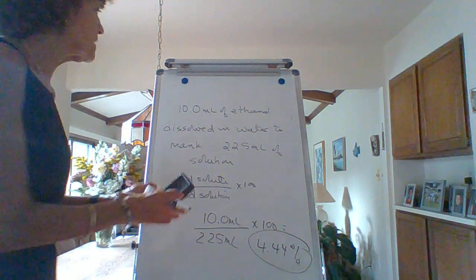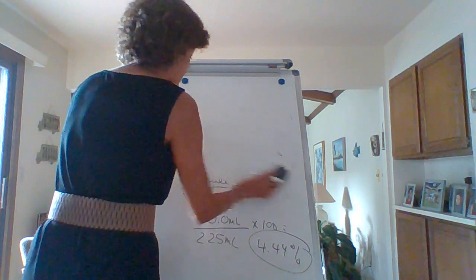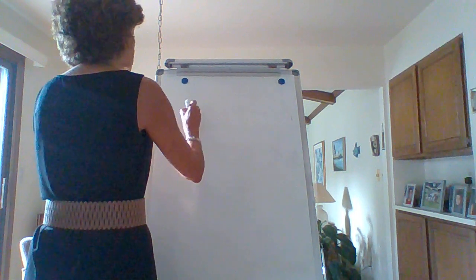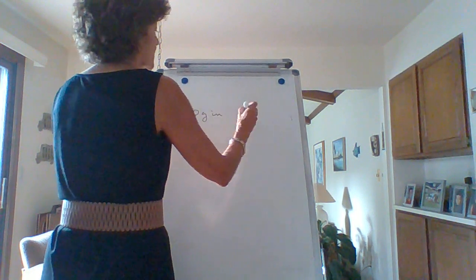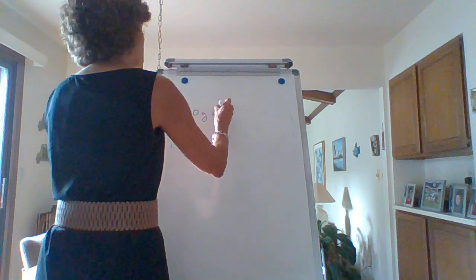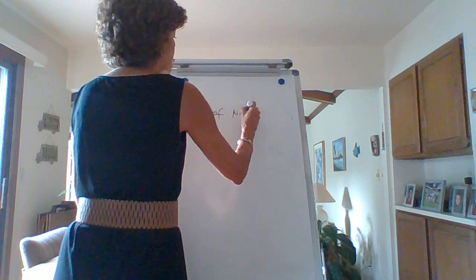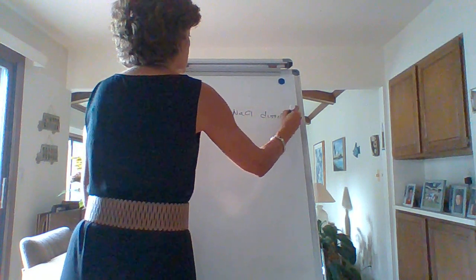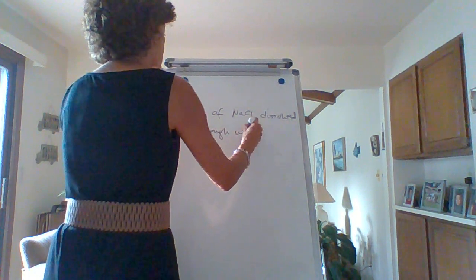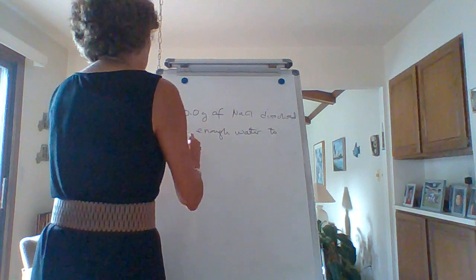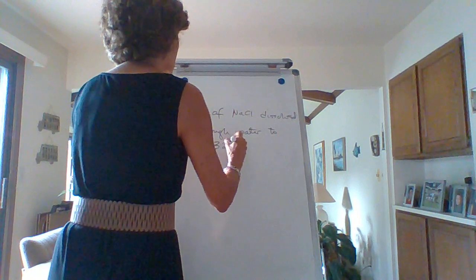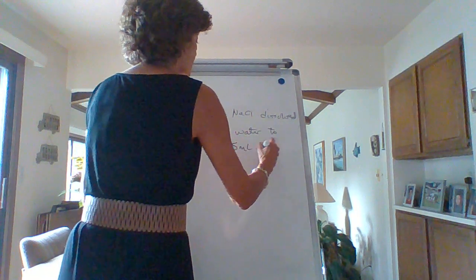And then finally, the last one deals with percent mass by volume. And for that one, it would be worded like this. Let's say you've got 10 grams of sodium chloride dissolved in enough water to make, let's say, 325 mils of solution.